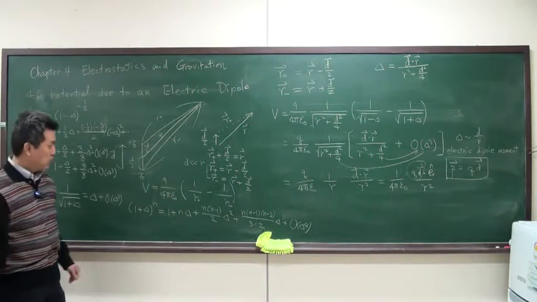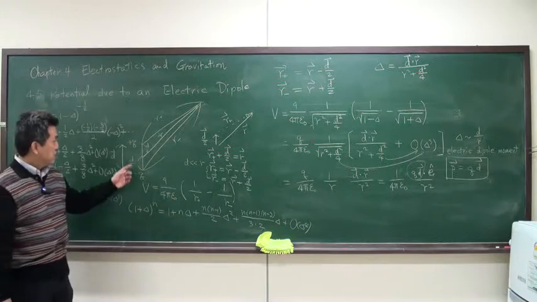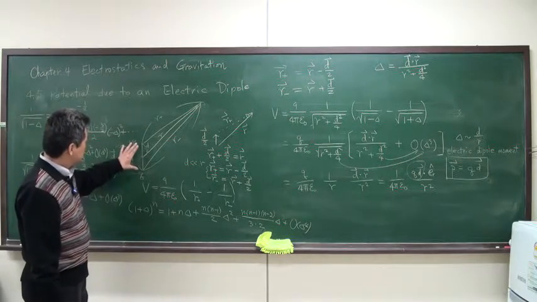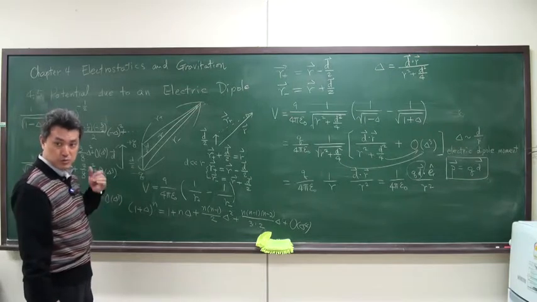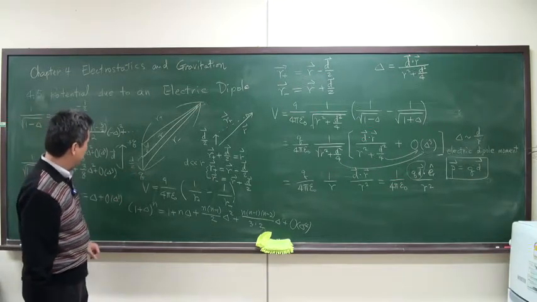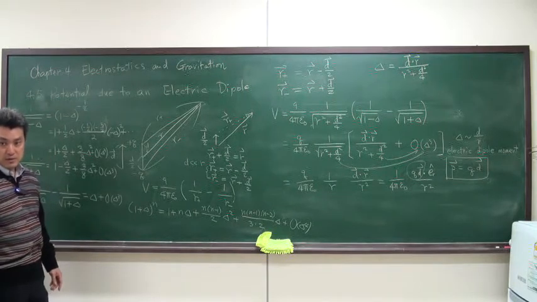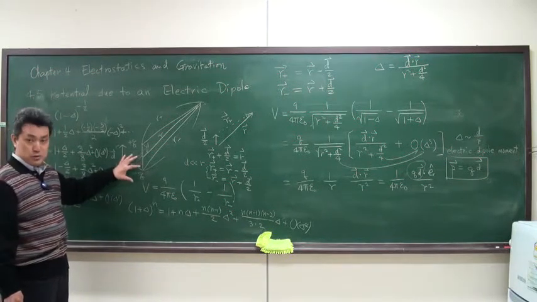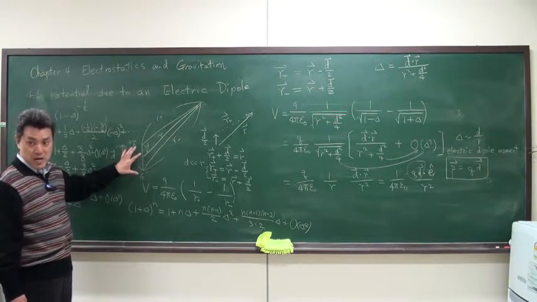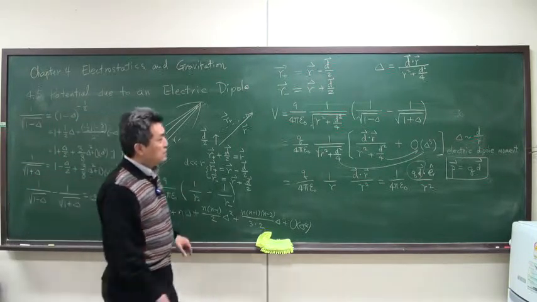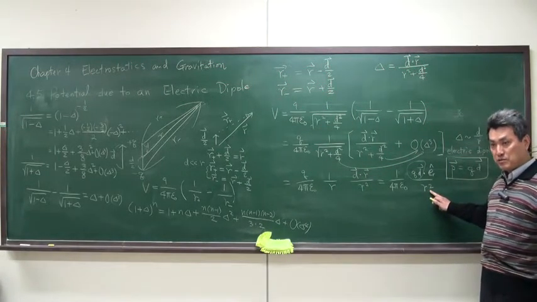So the monopole contribution cancels, but if you look into the structure in detail, there is a charge distribution with positive and negative charge. Although the monopole contribution cancels, this dipole structure, plus Q and minus Q, survives, however, with a higher power in the denominator.